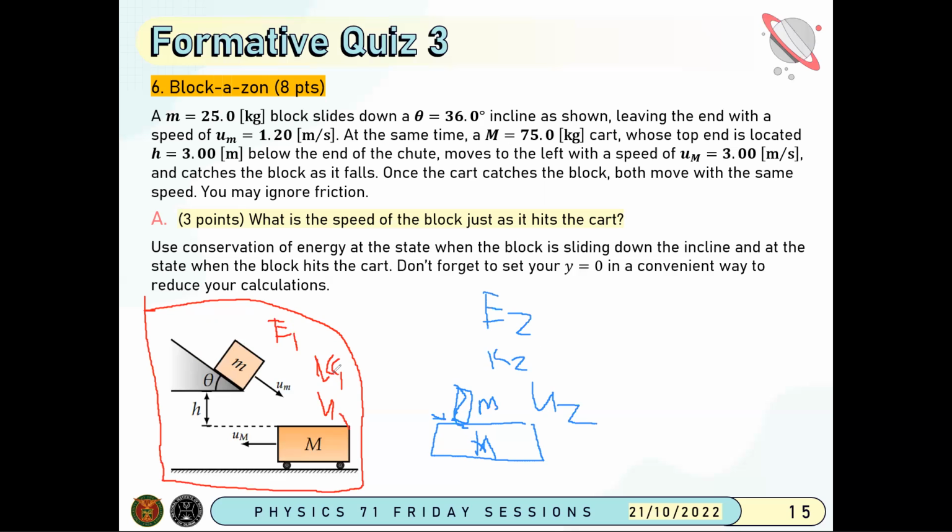Again, we don't forget to set your origin or reference point, y equals 0 and x equals 0, in a very convenient way to reduce the number of terms. So kapag maganda yung pagkakaset nyo ng y equals 0, then some of the terms will just vanish in your conservation theorem. Pag sinolve nyo na yung conservation of energy, maraming mawawala, if tama yung pagkaka-define nyo ng coordinate axis.